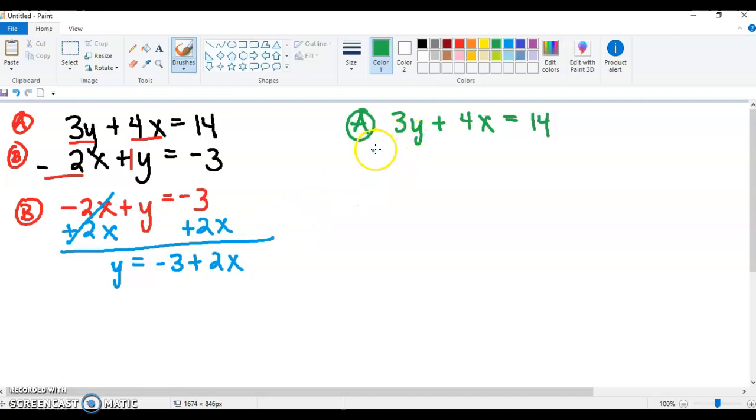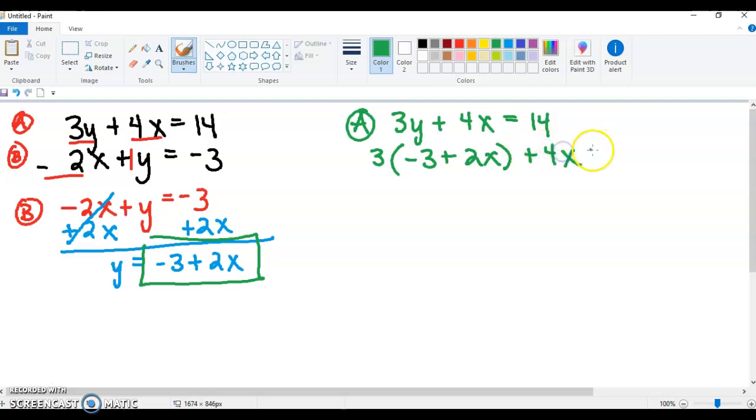So I'm going to do 3 times everything here because this is y. So 3 times negative 3 plus 2x, close my parentheses, plus 4x equals 14.